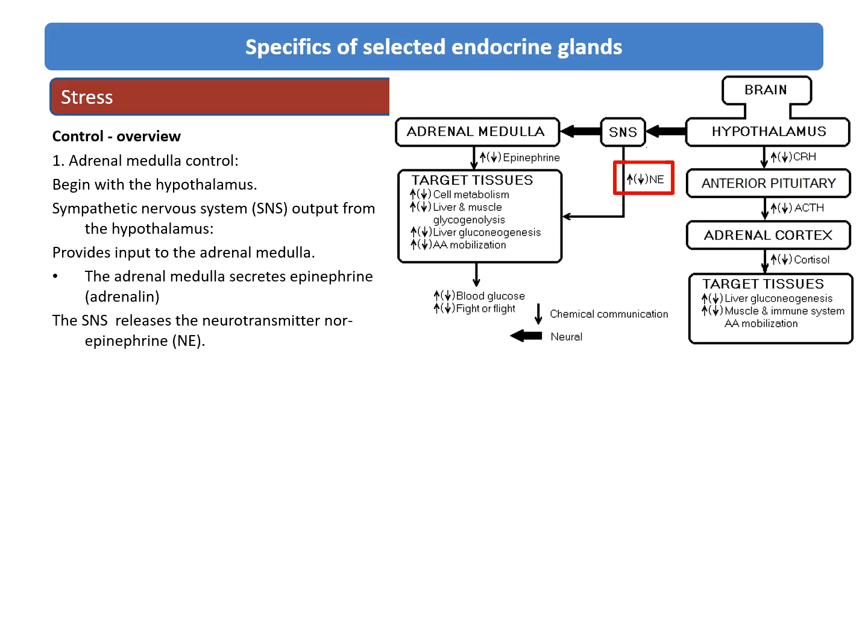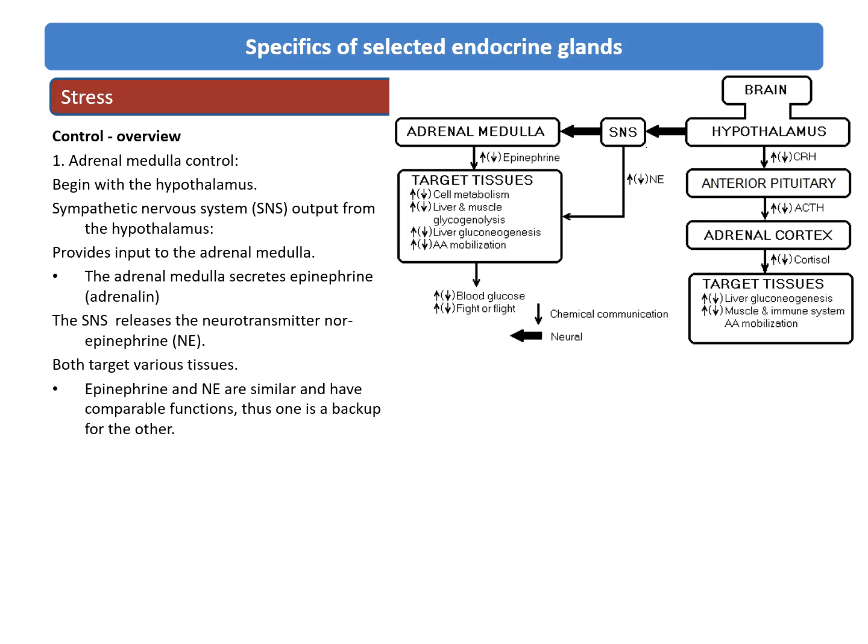The sympathetic nervous system also releases the neurotransmitter norepinephrine at its targets, and both target various tissues. Epinephrine and norepinephrine are similar and have a comparable function. Thus, one is a backup for the other.